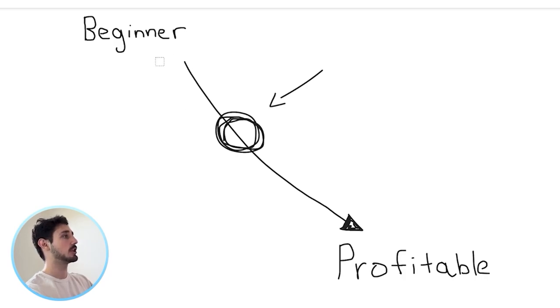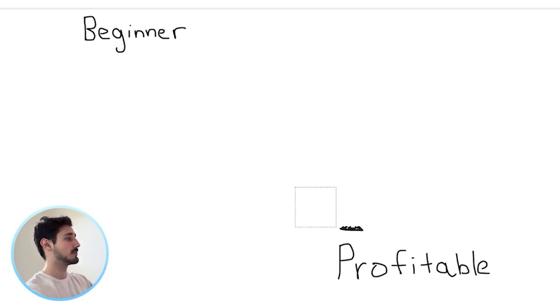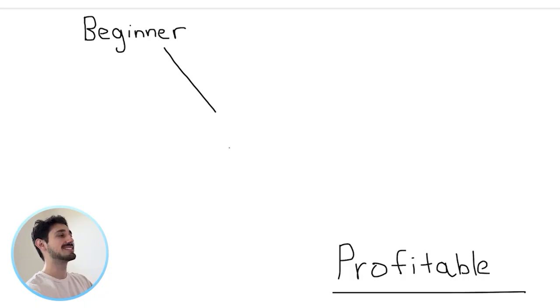And my dad told me that your first focus as a trader should not be to make money. It should be to consistently not lose money. And that, in other words, is called breaking even. And my dad told me that if you're able to break even consistently, every single day you're able to not lose money, you're like 70% of the way there towards being a profitable trader.